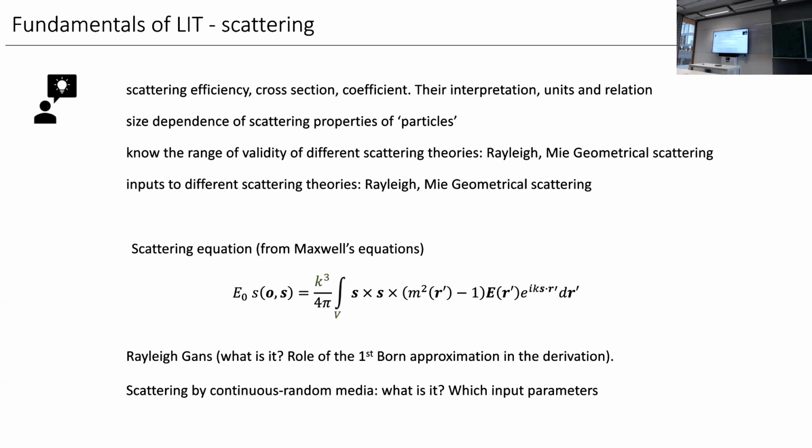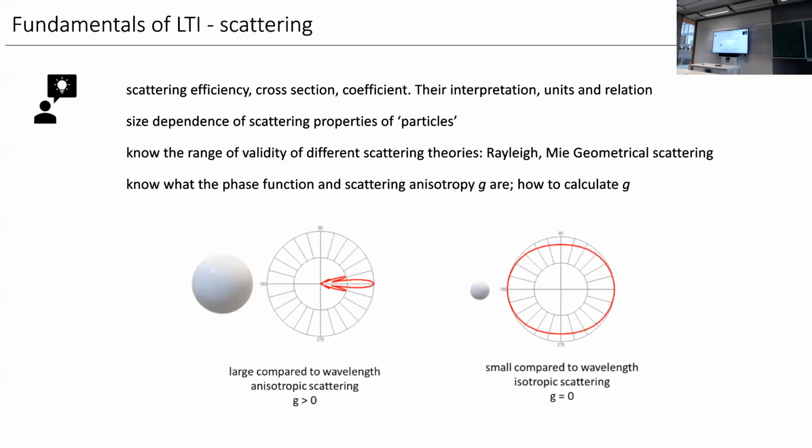For the scattering process, also described, of course, by the phase function, it describes the angular redistribution of the light. The average cosine of the scattering angle, the anisotropy: larger particles have higher scattering anisotropies, which means that they scatter light predominantly in the forward direction, and smaller particles have an isotropic scattering pattern, so the g value is closer to 0.